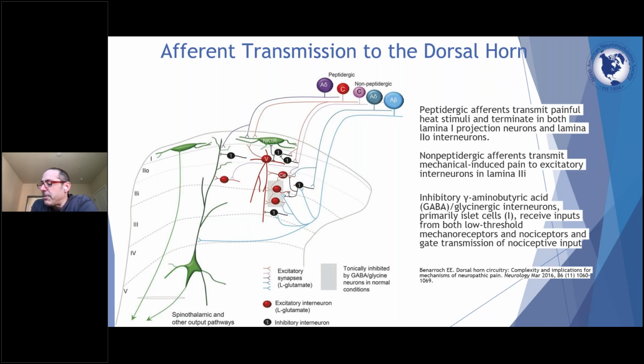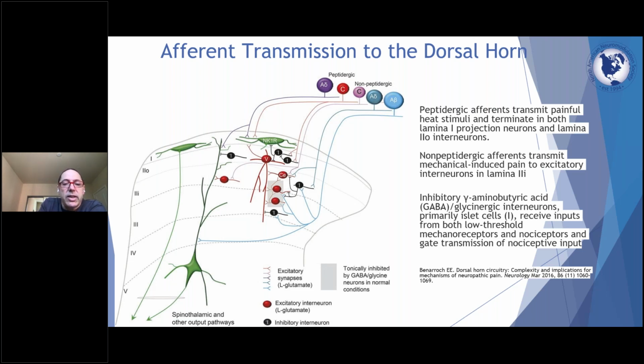The superficial laminae projection neurons are exclusively in lamina 1. So if you see the green neuron there, all the way on the left at the very top, that's a projection neuron, and it receives afferent input and is subject to processing by the other interneurons there to the right.